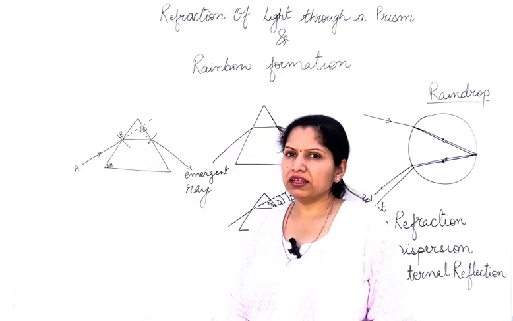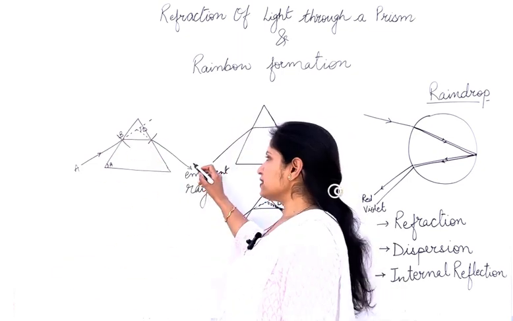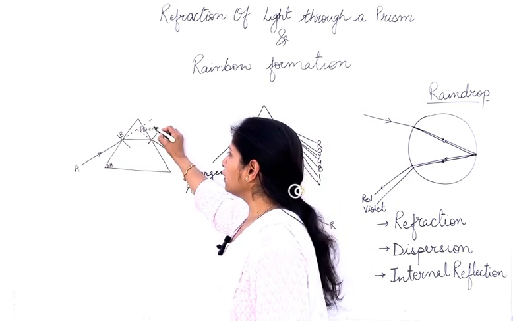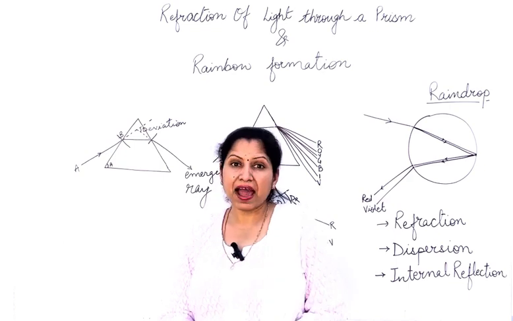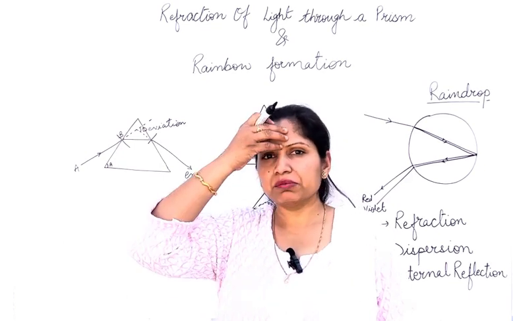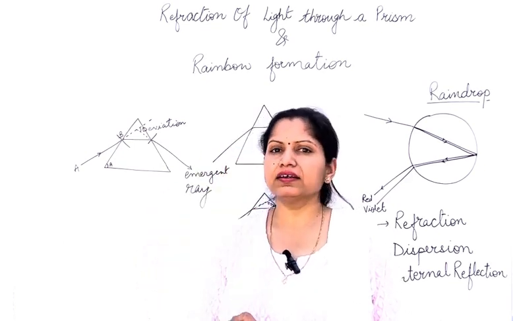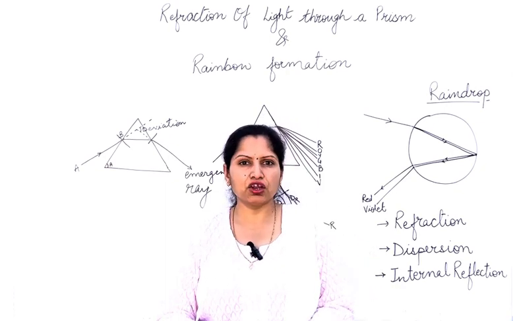The angle between the incident ray and the emergent ray is known as the angle of deviation. You could be asked for 1 mark, what is the angle of deviation? The angle between the incident ray and the emergent ray is known as the angle of deviation.